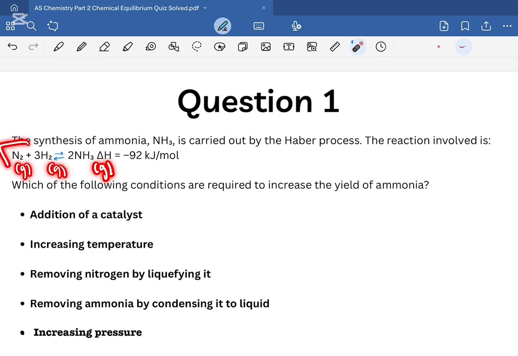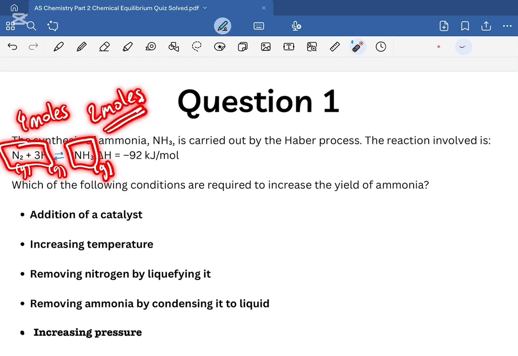And here we have 4 moles of gas on the reactant side and 2 moles of gas on the product side. Now when we increase the pressure, the system wants to go towards the side where we have fewer moles of gas to decrease the pressure. So it's going to go towards the NH3, and in this case we're going to have more NH3 and the yield is going to increase.